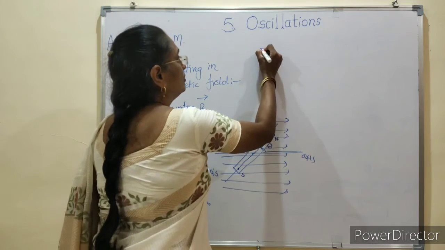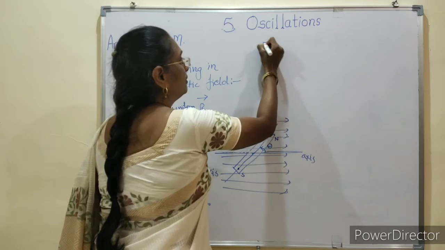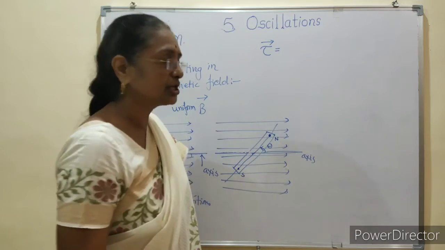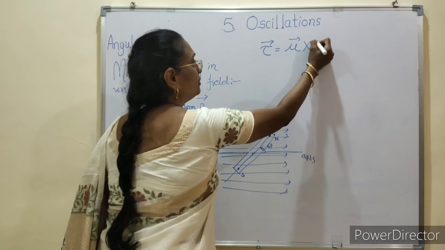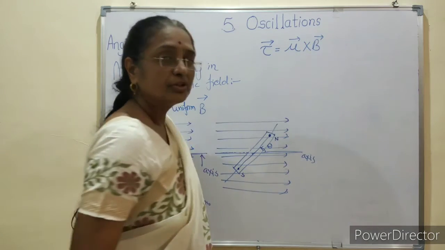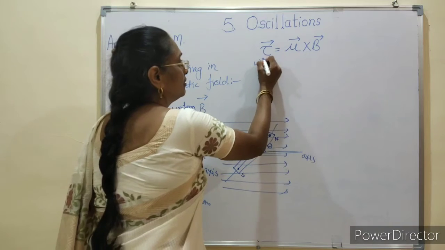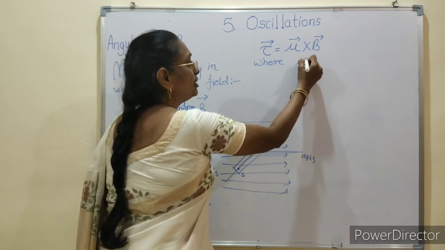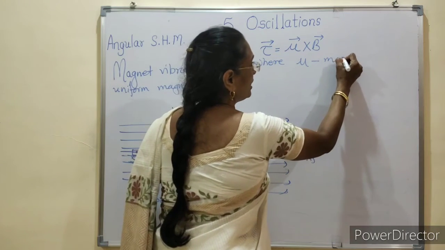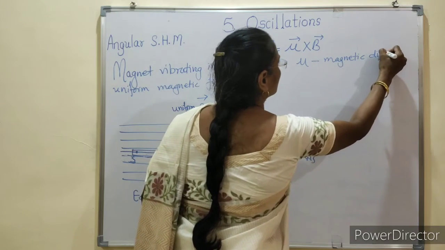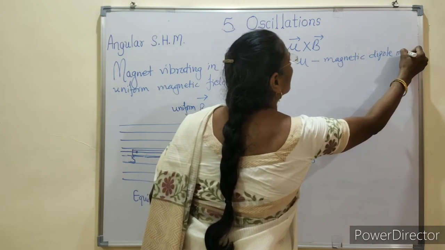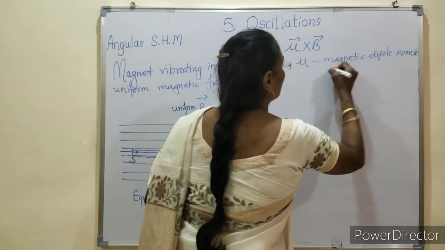That torque is given by the vector equation tau equals mu cross B, where mu is the magnetic dipole moment of the magnet.